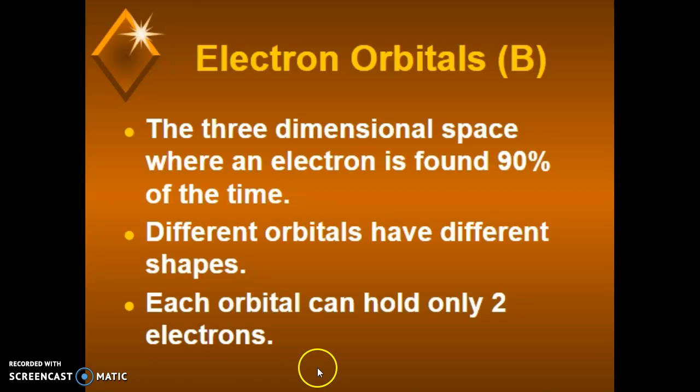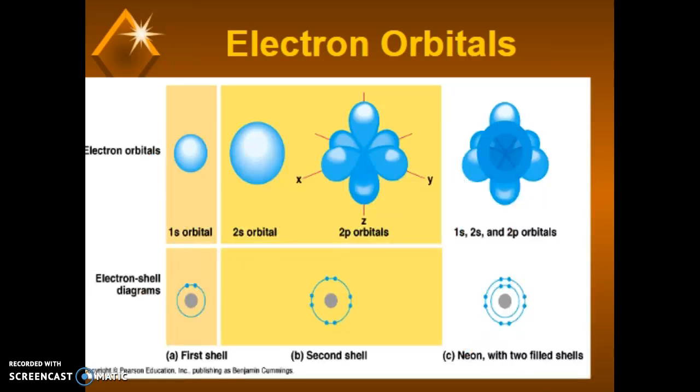Remember that each orbital can only hold 2 electrons. So if we get something that's really low on the periodic table and has like 32 electrons or maybe 100 electrons, we're going to have some funky looking orbital shapes because, if it's 100, we're going to have 50 different orbitals. They're going to be at a few energy levels, but they're going to be in many orbitals.